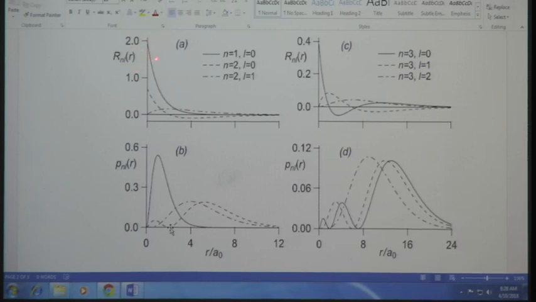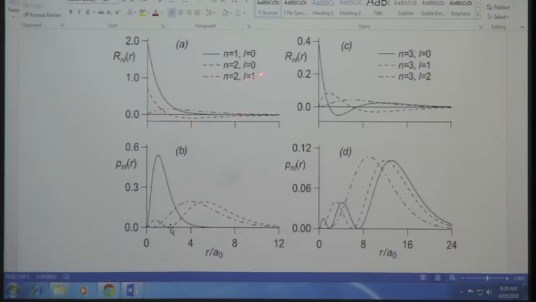this solid curve represents what I've drawn on the blackboard. The radial part of the wave function for n equals 1, l equals 0. For n equals 2, l equals 0, I obtain this function here, this dash function.